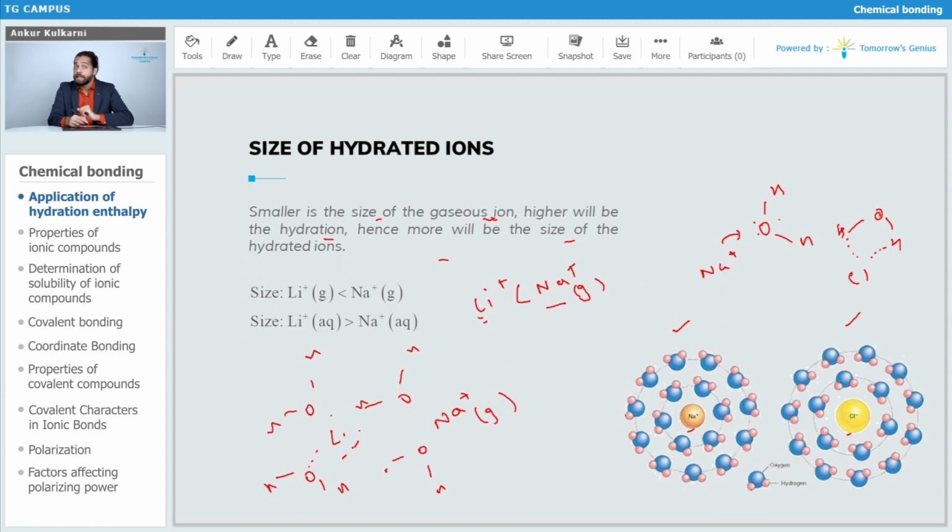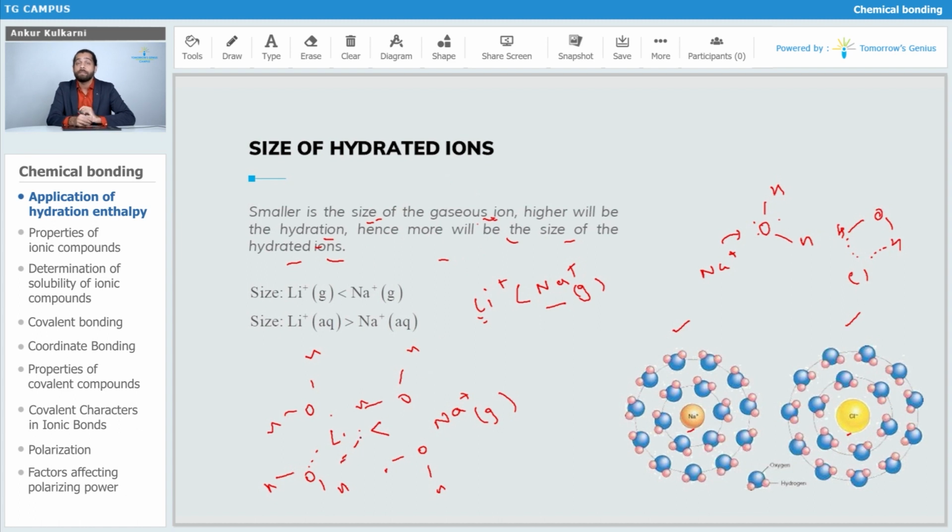Lithium will have the highest hydration because the size of lithium is smaller than the size of sodium, and that's what we have seen. Smaller is the size of the gaseous ion, higher will be the hydration, hence larger will be the size of hydrated ions. Now what do you mean by that?